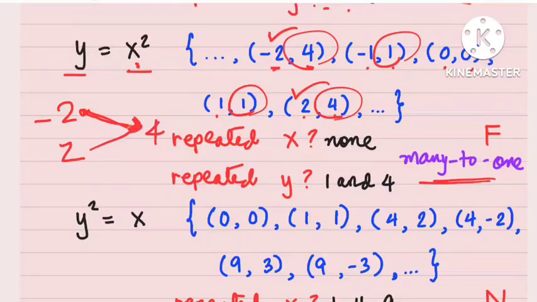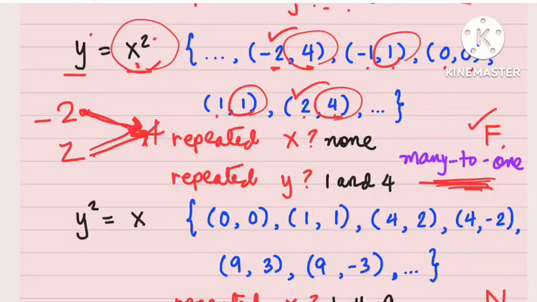To 4 only. 1 and only 1. 2 is connected to 1 element also. And that satisfies the definition of a function. Therefore, this is a many-to-one correspondence and this is a function. X is raised to a power, y is not.